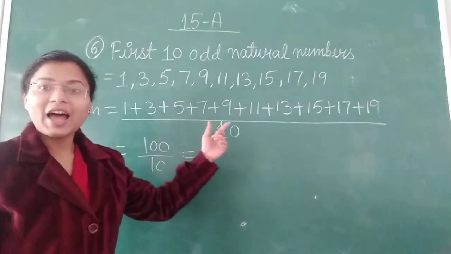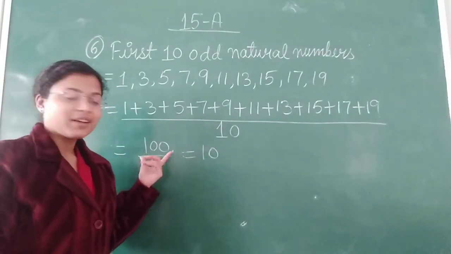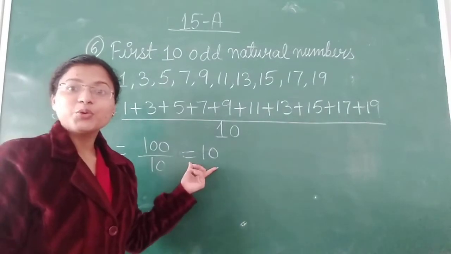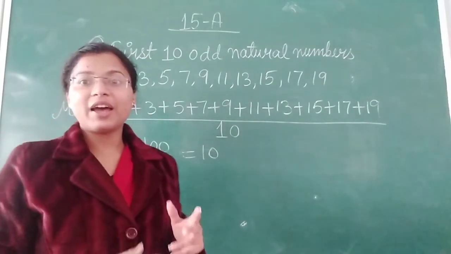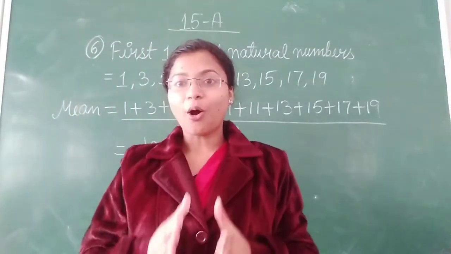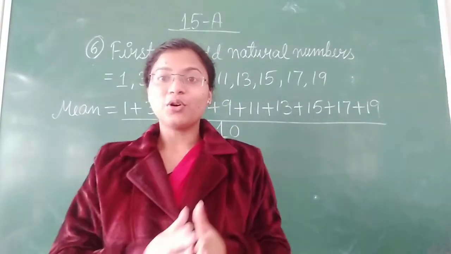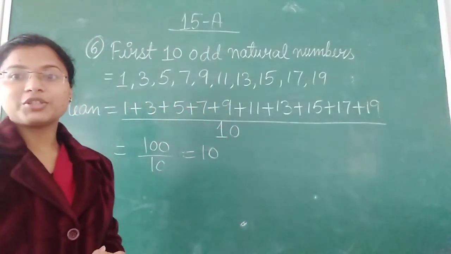So when you add them, you will get 100 upon 10, which will give you 10. Means 10 will be the mean value for the 10 odd natural numbers. So this was the solution for question number 6.